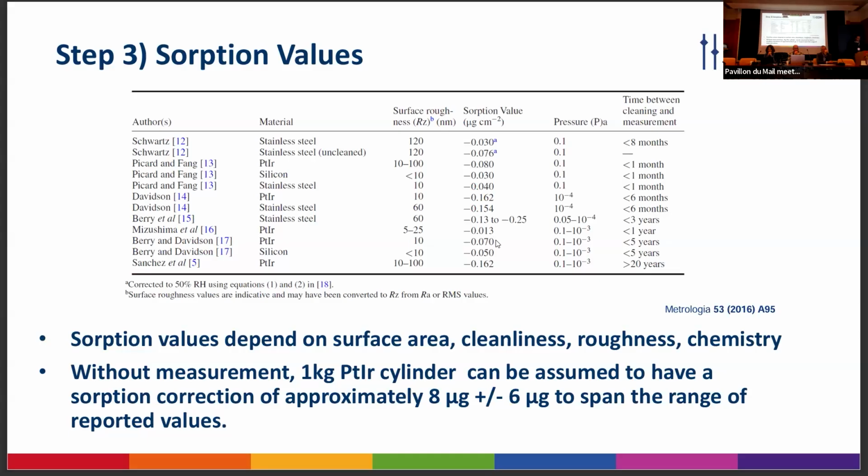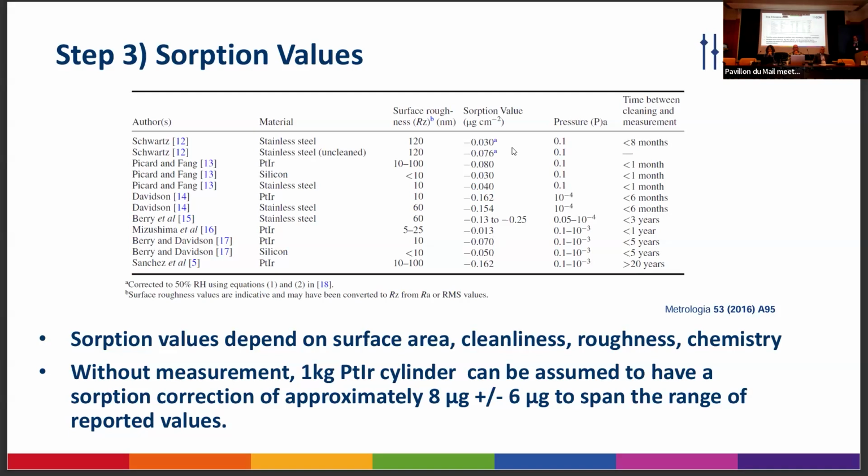The sorption values vary depending on the material. They also vary depending on the cleanliness of the material. If you have a mass that's older and has a thicker contamination layer, that tends to interact more strongly with the environment, so it'll tend to absorb more water and you'll have a higher sorption correction for older masses.